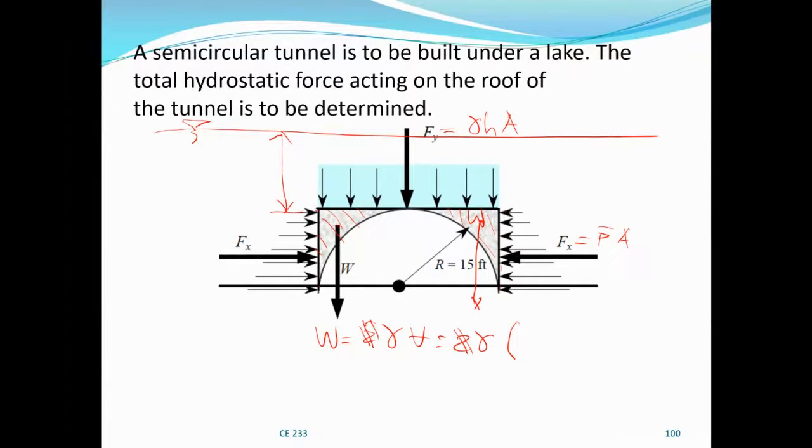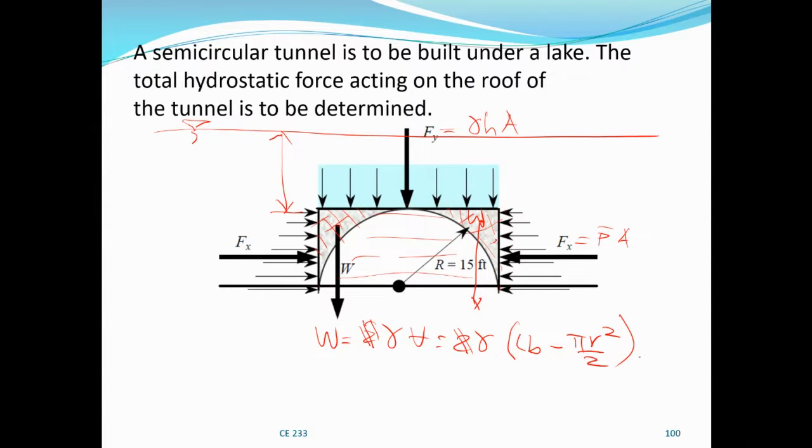So the area of the total rectangle is the length times breadth, minus the area of a semicircle, pi r square over 2. When we remove the area of the semicircle, we will be left with these portions, then times the depth, times the width.